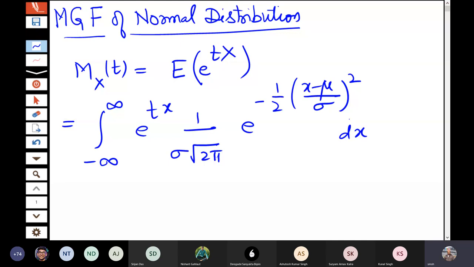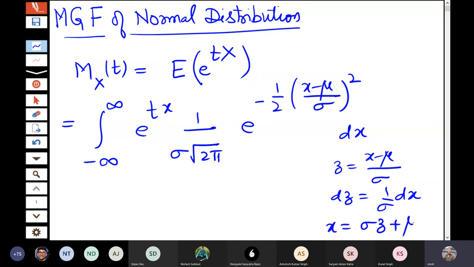What was the transformation? Z is equal to x minus mu by sigma. So dz is equal to 1 by sigma dx, and also x is equal to sigma z plus mu. Okay, this is the transformation that we had considered. Do you remember this? Yes, sir.